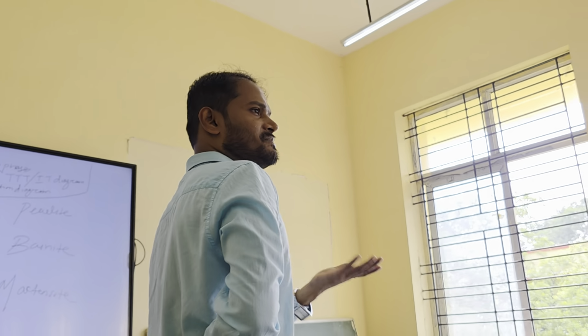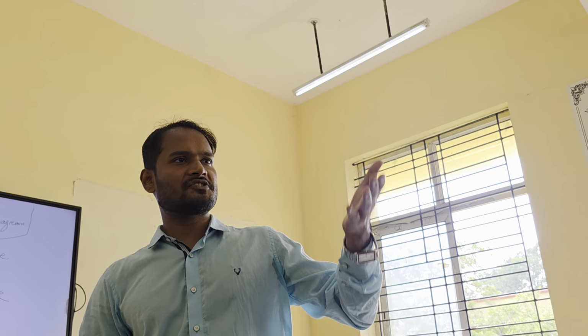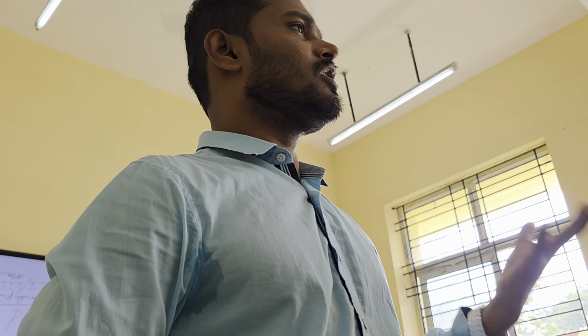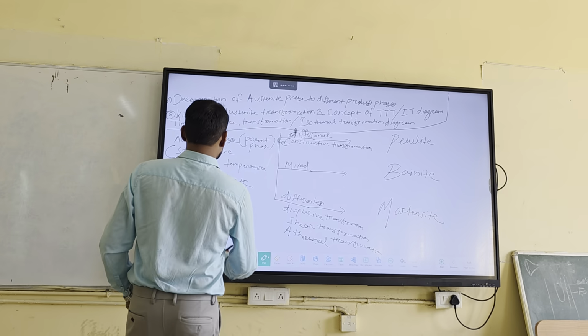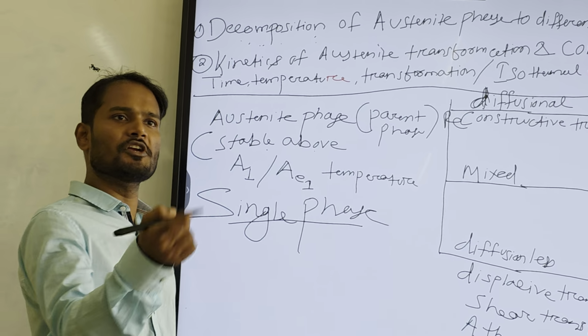Or you can say interstitial solid solution of carbon in gamma iron or FCC iron. Iron is FCC, but carbon is in interstitial sites, and it is forming one phase that is called austenite. Whenever there is a single phase, it is always a solid solution.